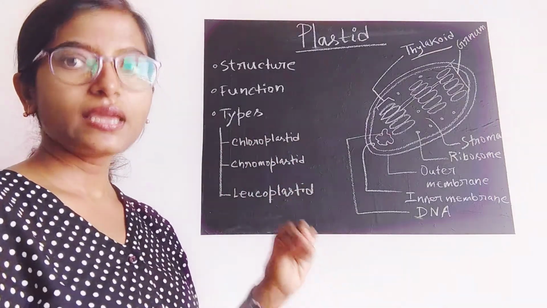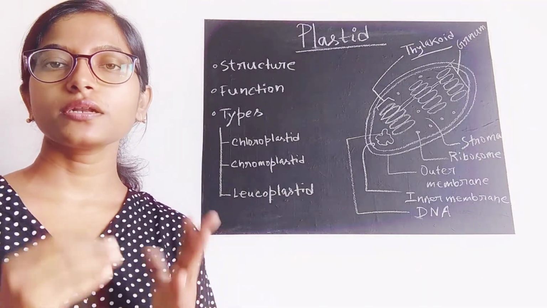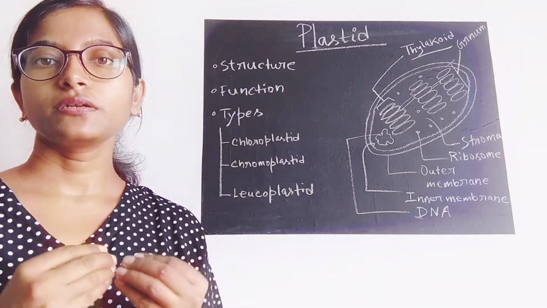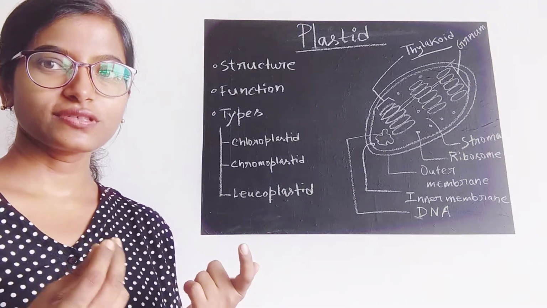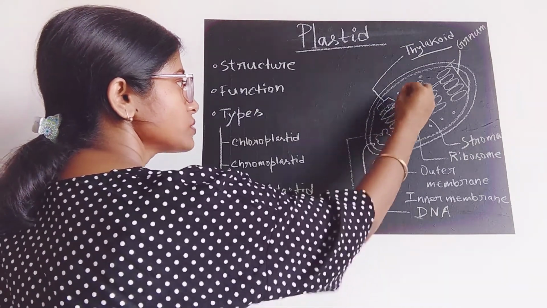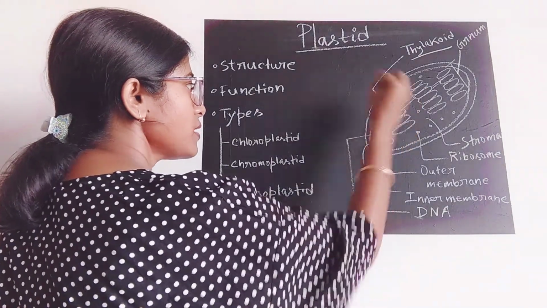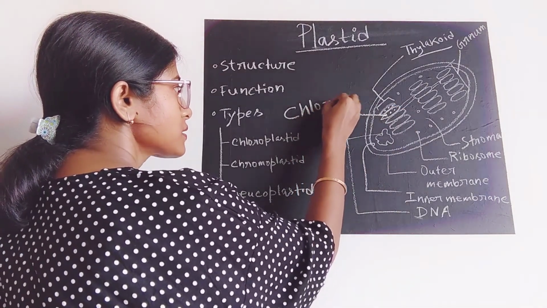And inside the thylakoid, the most important pigment for plastid is present. What is it? It is chlorophyll. So within those thylakoids they have a very important pigment which is called chlorophyll.